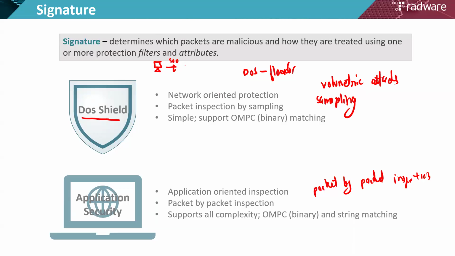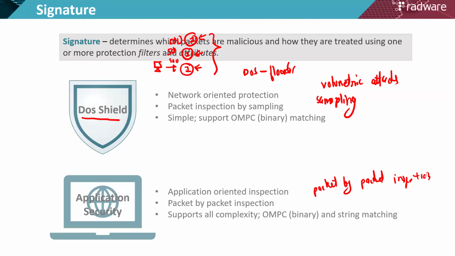Out of these 500 packets, we will just check one packet. When the next 500 packets come, we again inspect one packet. We check one packet among the list of packets, and then we recompute how many are faulty or matching, and then we recompute.